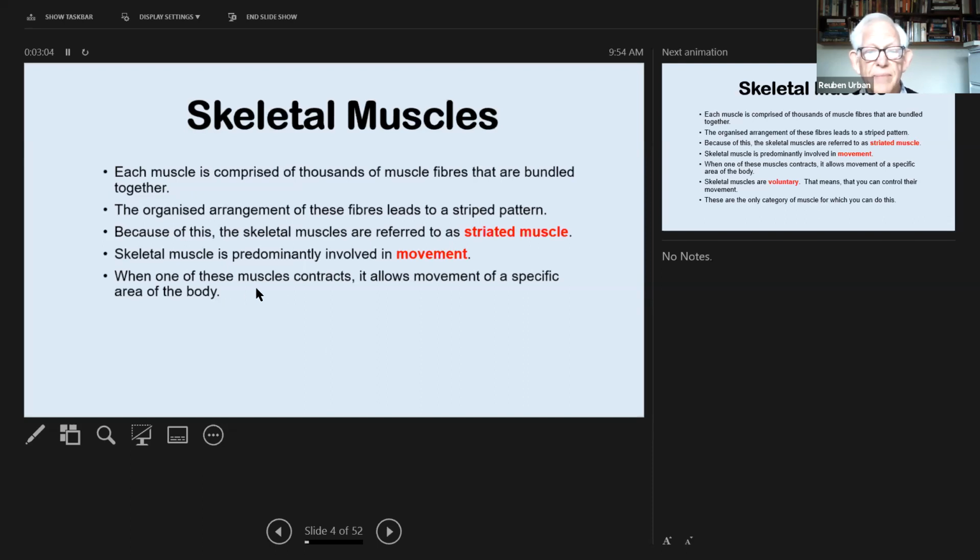So when one of these muscles contracts, it allows some part to move. Now, my jaw is moving, my tongue is moving. The tongue isn't attached to a skeleton, but it's still a skeletal muscle because it's under control. I hope it's under control.